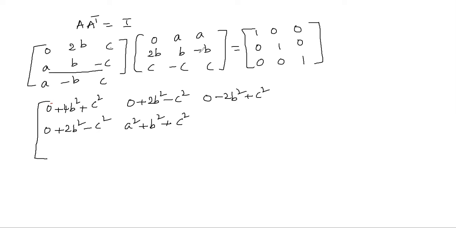Next second row into third column: a into a is a square, b into minus b is minus b square, minus c into c is minus c square.